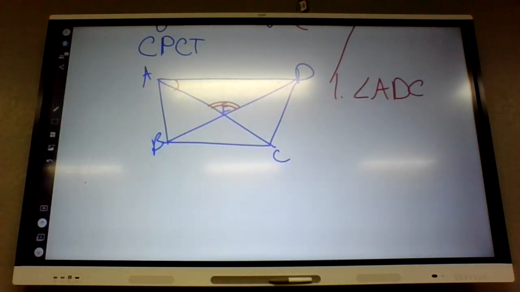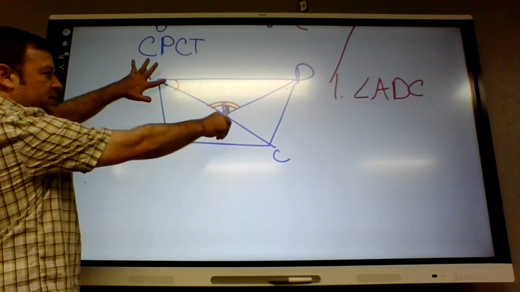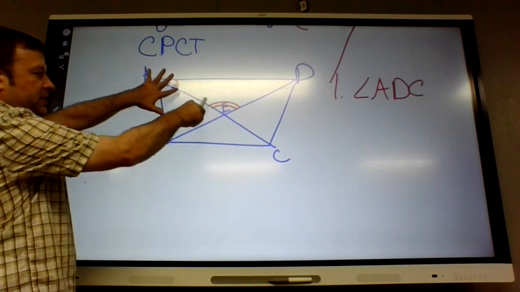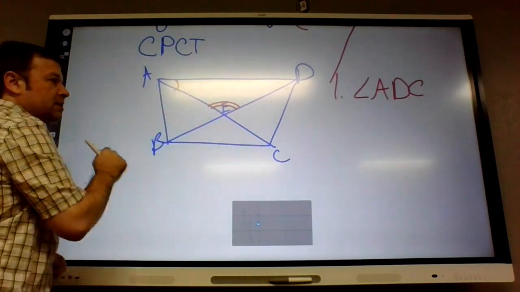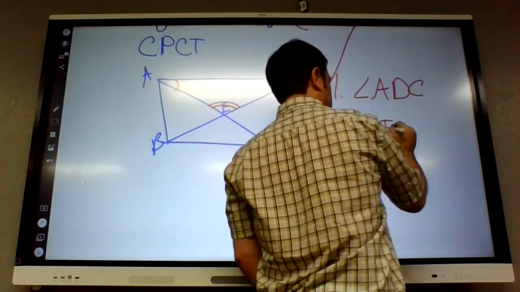What side is between those two angles? AE. Yes, segment AE. So number 3 is line segment AE.